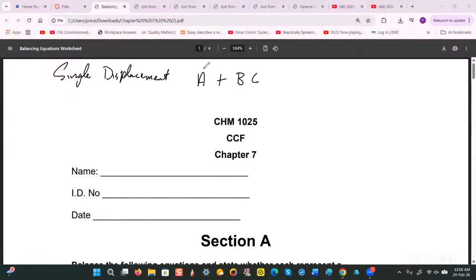What happens is that A replaces B, and you end up with a compound formed between A and C, and B is displaced.